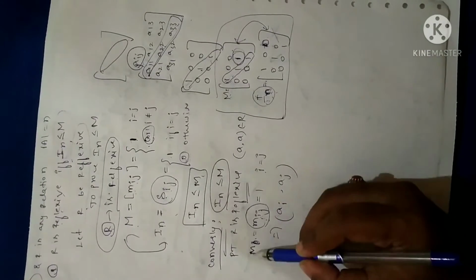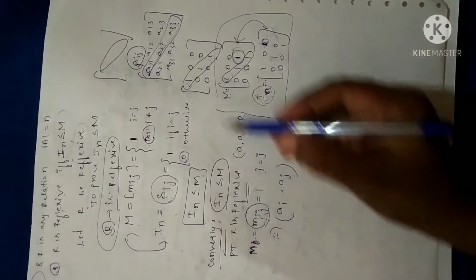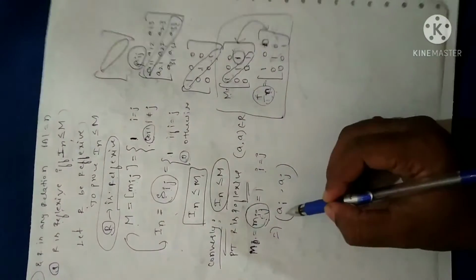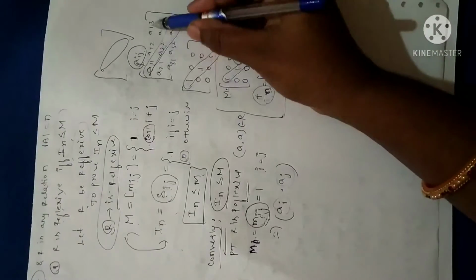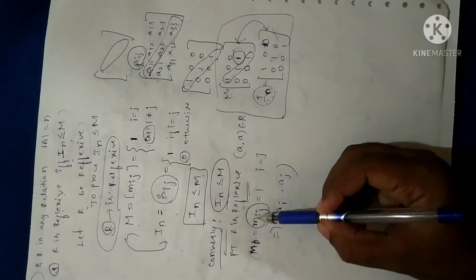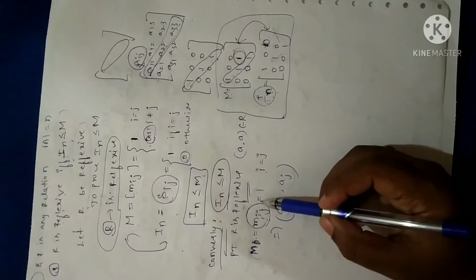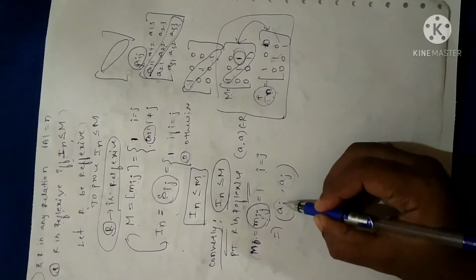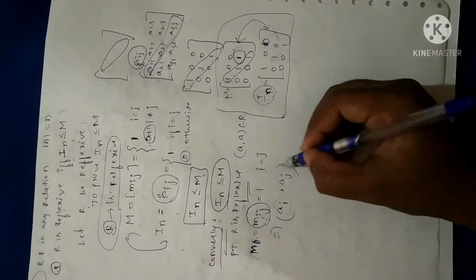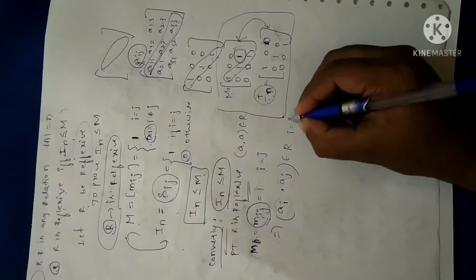I am repeating once again, capital M represents the matrix and mij represents the elements of the matrix, something like aij. From the definition of the matrix, mij is 1 only when i is equal to j, that is, the principal diagonal elements will be equal to 1. So the meaning of this statement is (ai, aj) should belong to R whenever i is equal to j.